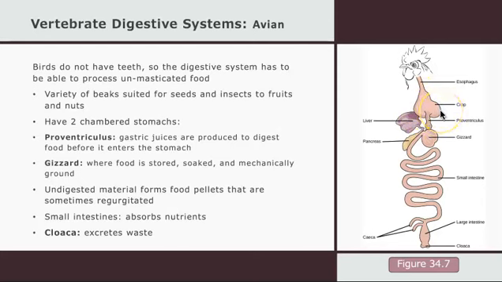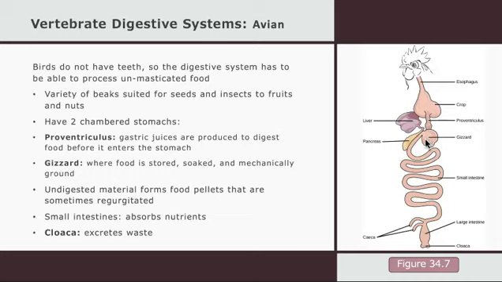So the first one is going to be called our proventriculus, and this is going to have gastric juices within it that can digest the food before it's going to enter what we think of as a true stomach, which is the gizzard. And this is where we're going to store that food. It gets soaked and mechanically ground up using muscle.